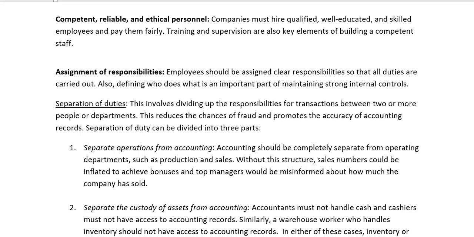This involves dividing up responsibilities for transactions between two or more people or departments. This reduces the chances of fraud and promotes the accuracy of accounting records. Separation of duty can be divided into three parts.